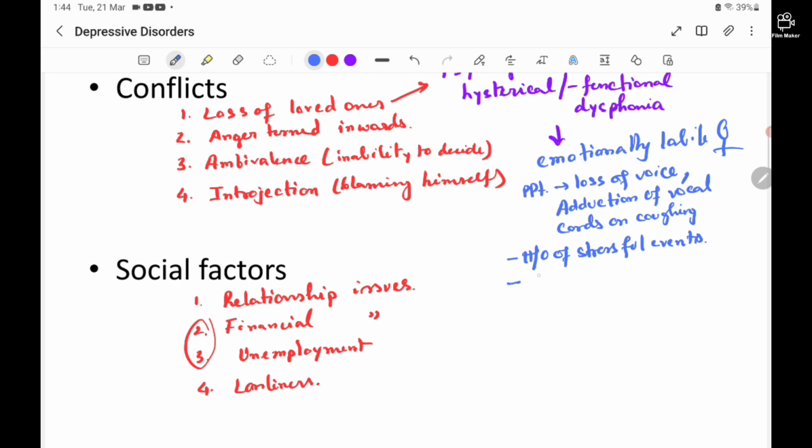On ENT examination by laryngoscopy or endoscopy, there will be no change in the larynx. And the management is primarily psychotherapy. Management is just psychotherapy.